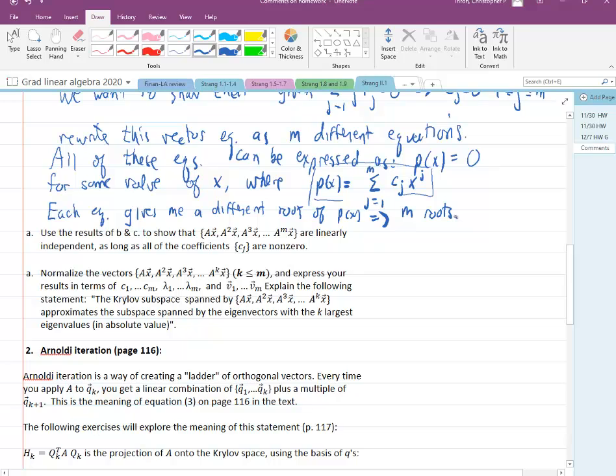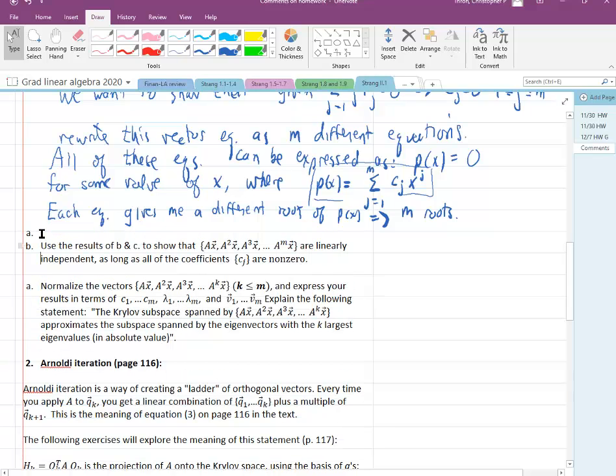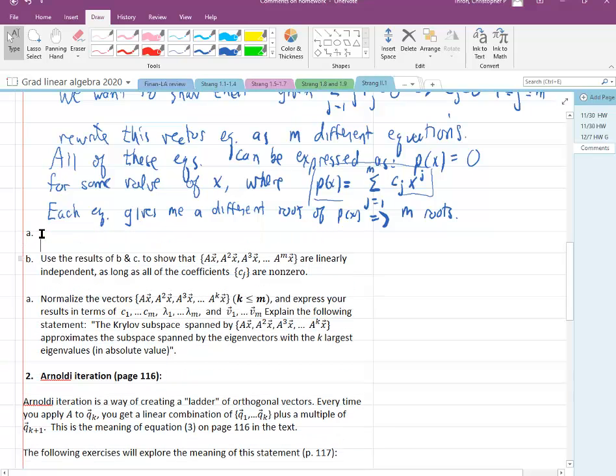Now that's no problem because a polynomial can have m roots if it's an nth degree polynomial. The problem comes when I have one more root. There's also another root.